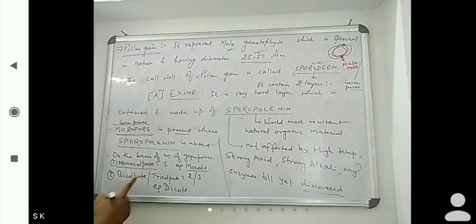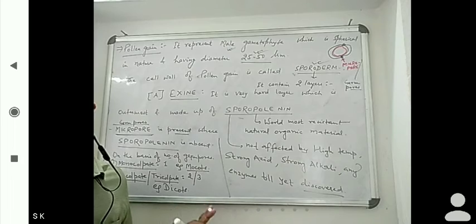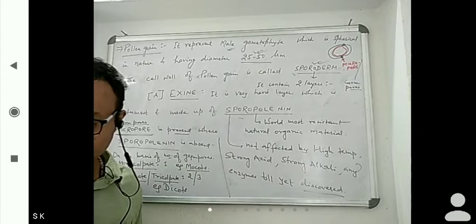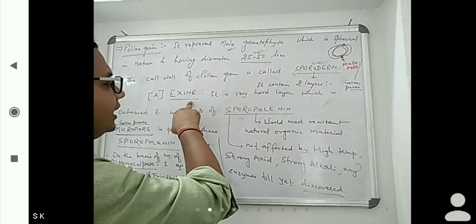So on the basis of number of germ pores, pollen grain is either monocolpate, bicolpate or tricolpate. Monocolpate, monocots; bicolpate or tricolpate, dicots. Any problem?